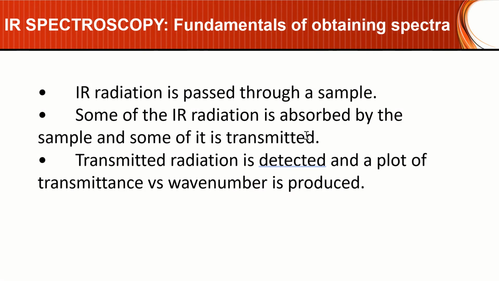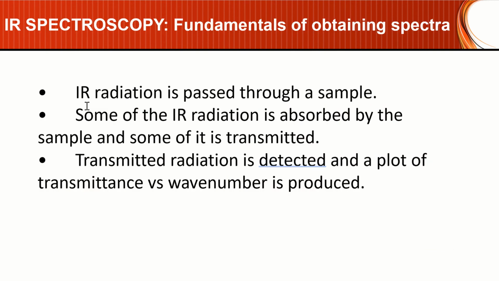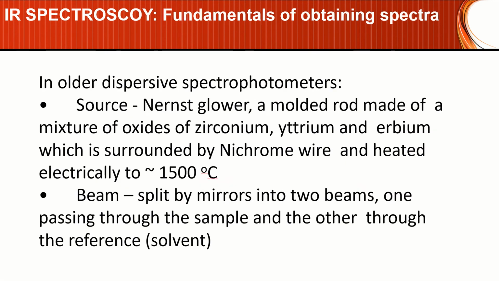I don't know if you guys recall, when we're looking at percentage transmittance, that is why some of the IR radiation is absorbed and some is transmitted. Transmitted radiation is detected, and a plot of transmittance versus wave number is produced, as we saw on the spectrum.